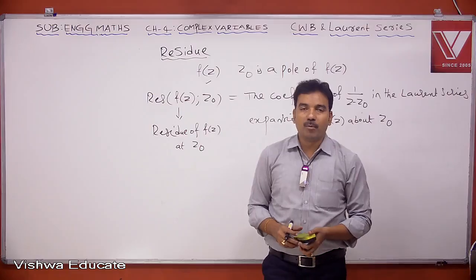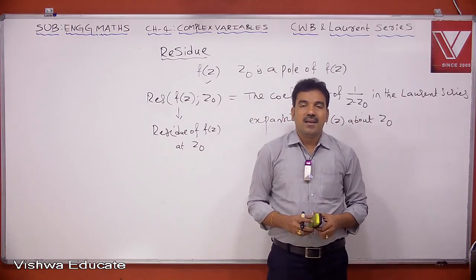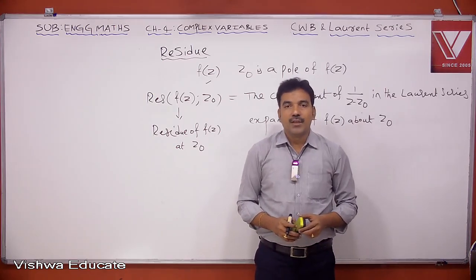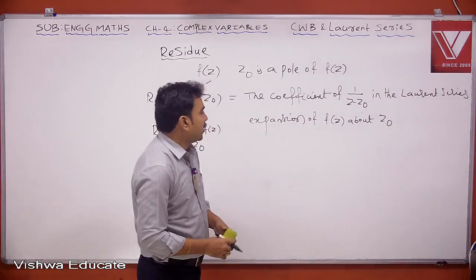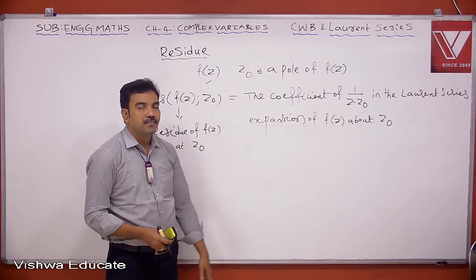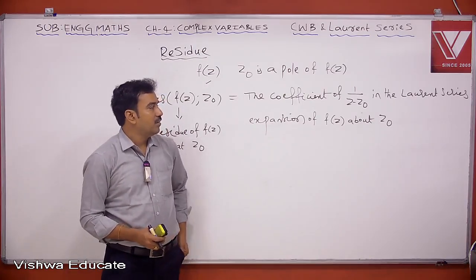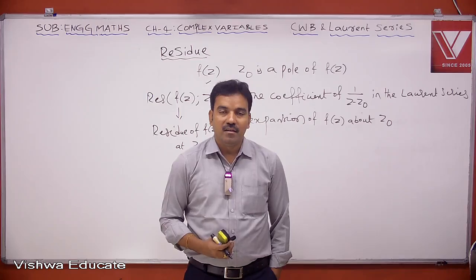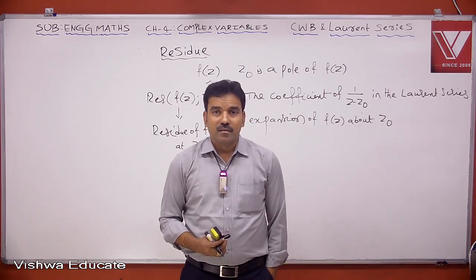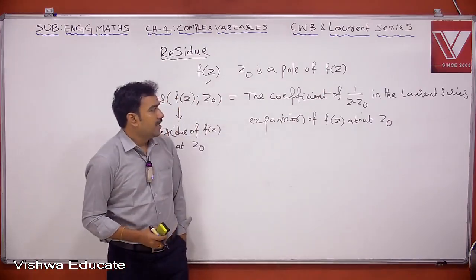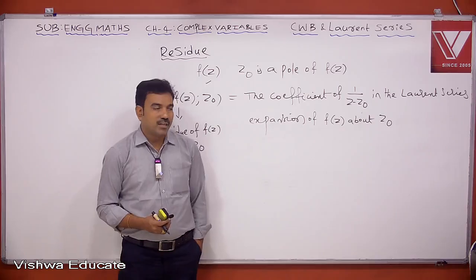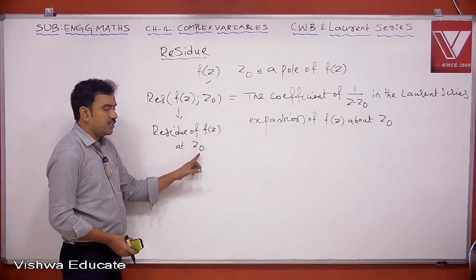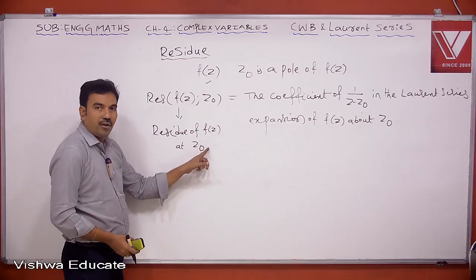Let z0 be a pole of f of z. The coefficient of 1 by z minus z0 in the Laurent series expansion of f of z about z equal to z0 is called the residue of f of z at z0.